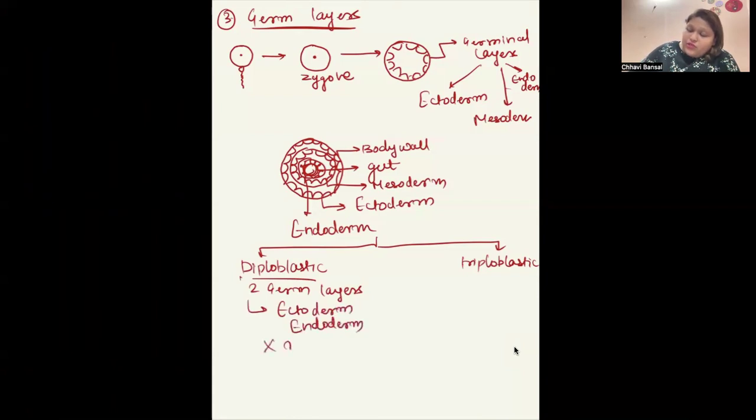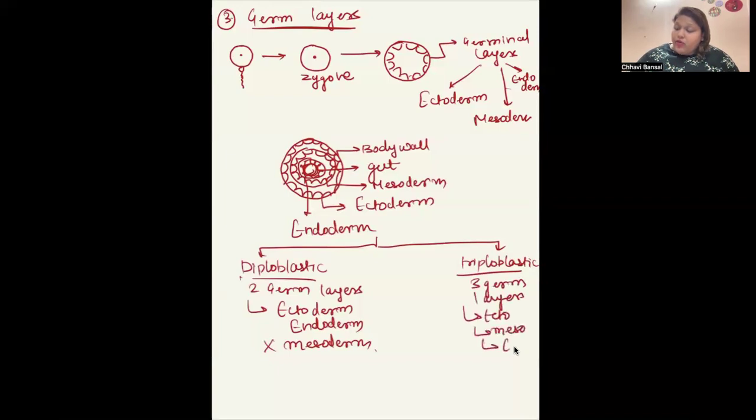There is no mesoderm. Instead of mesoderm, there is another layer called mesoglea, which is not made up of cells. It is just made up of non-living material, but there is no mesoderm. And triploblastic, they have three germ layers. All three: ecto, meso, and endoderm.